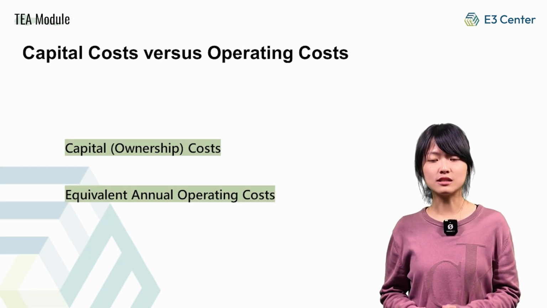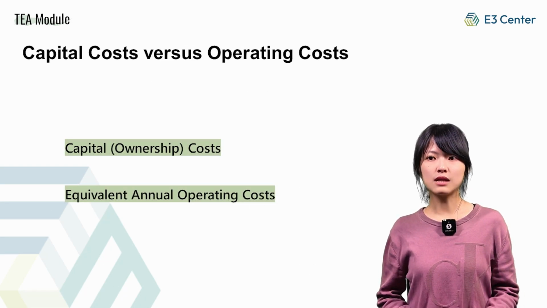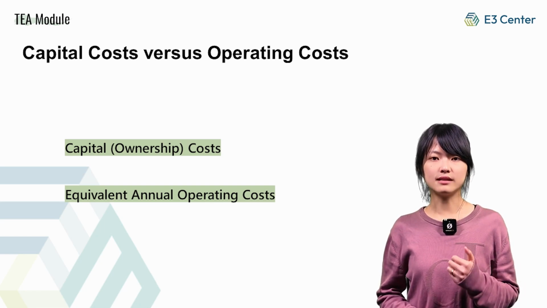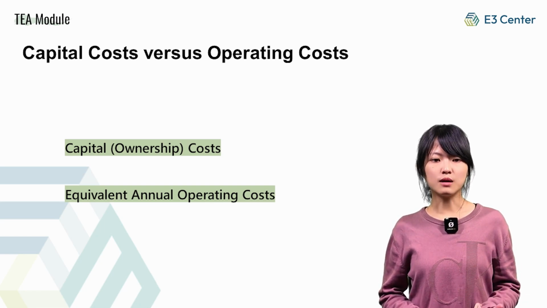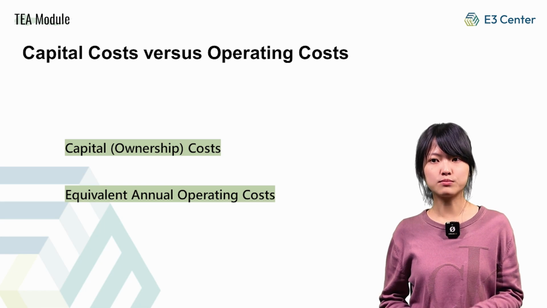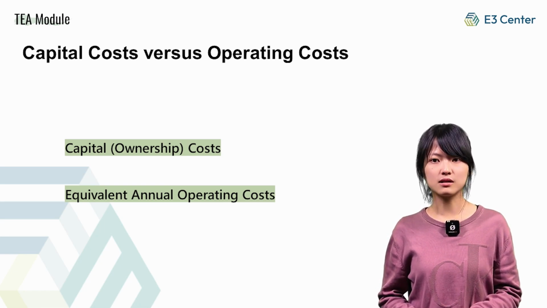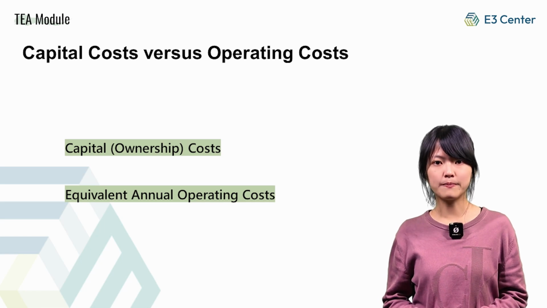Usually for a purchase or investment decision, two types of cost will occur: capital cost and operating cost. Before we jump into the example problem, let's learn what these two types of costs are and distinguish between them.